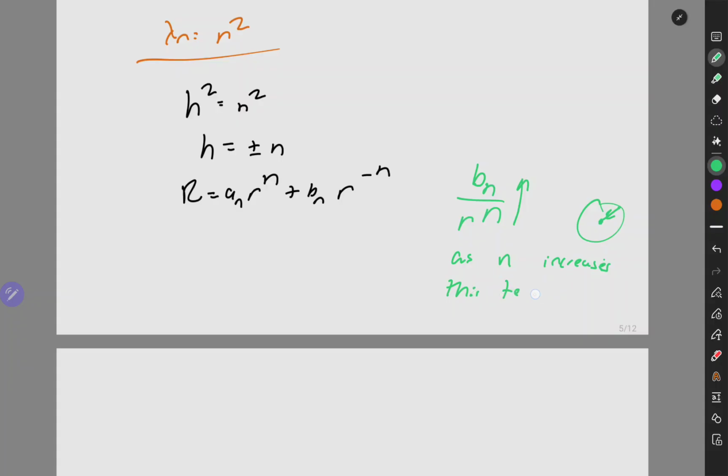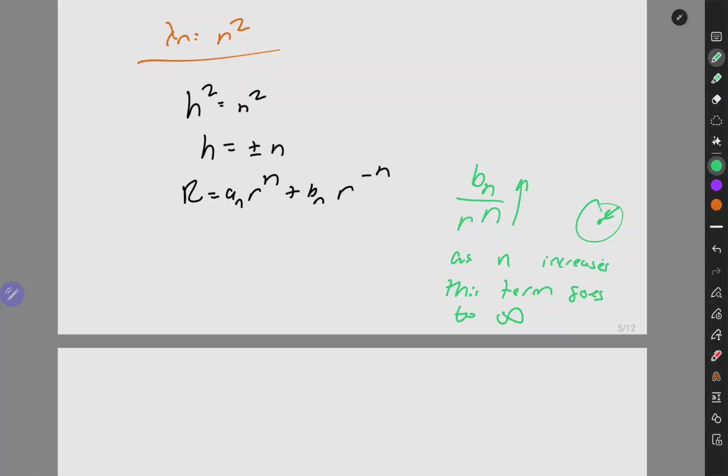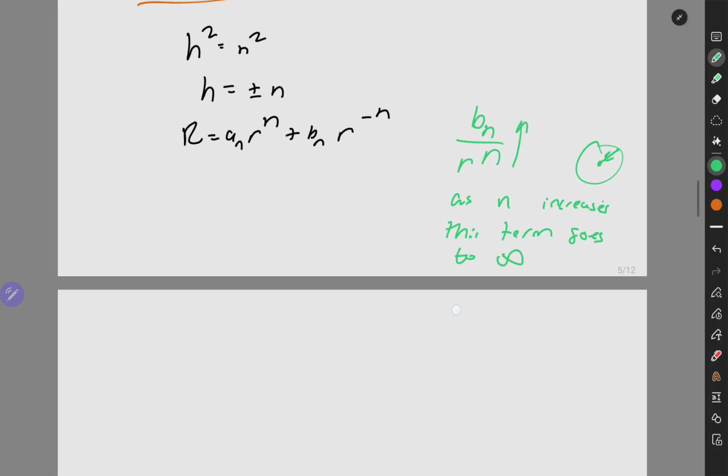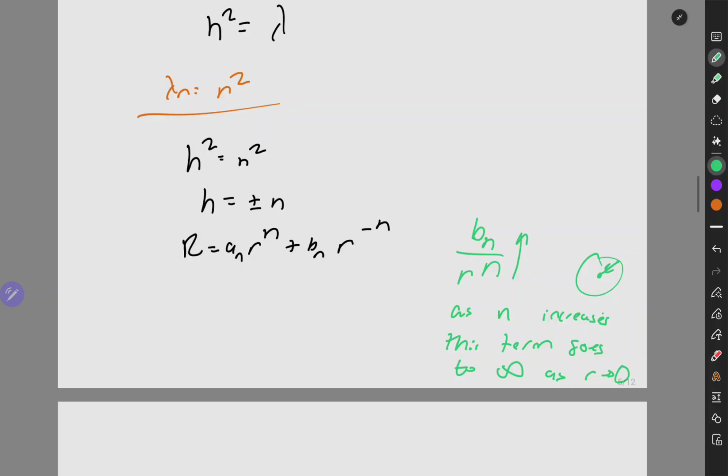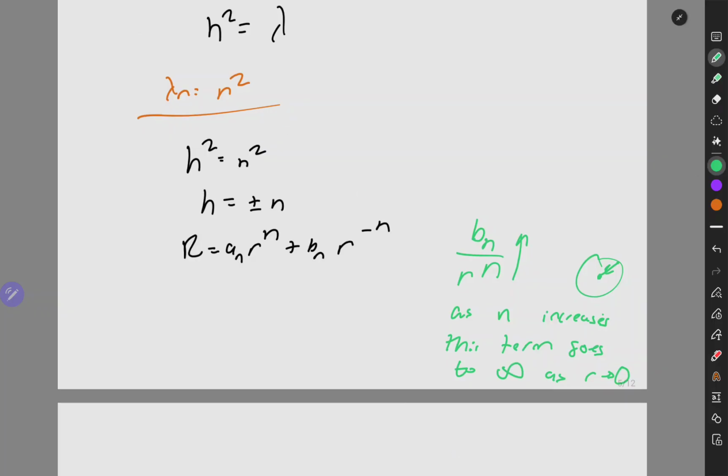This term goes to infinity as r goes to 0. The whole term is going to increase as r goes to 0. And if this r value were increasing, the whole term would shrink.